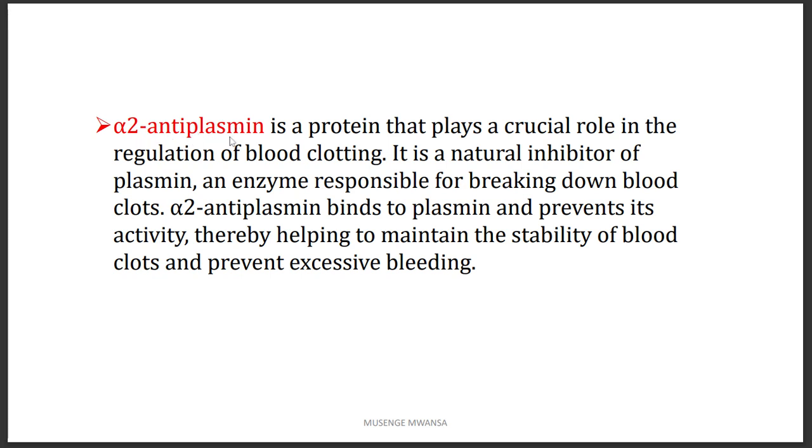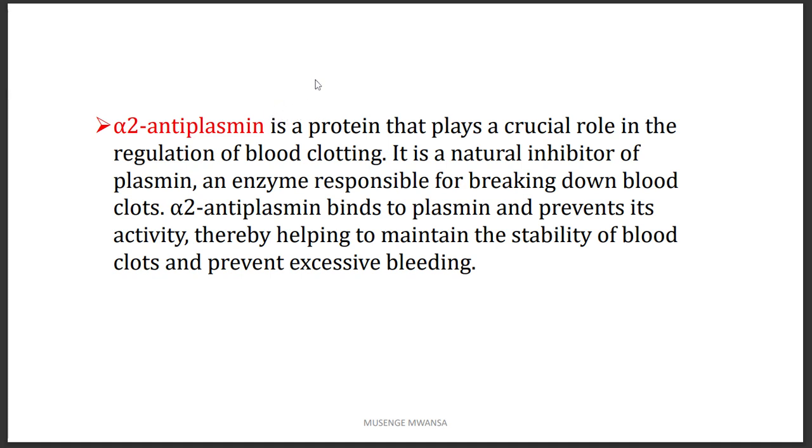It is antiplasmin. Plasmin breaks down that mesh which has been formed, meaning that the antiplasmin is going to prevent that breaking of the mesh. So because of that, that is going to help to maintain the stability of the blood clot and prevent excessive bleeding. Imagine plasmin comes and breaks that clot when you are supposed to have blood clotting.